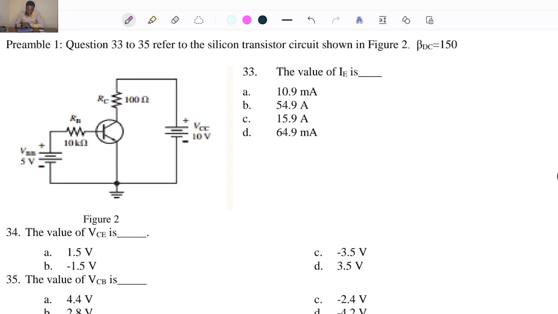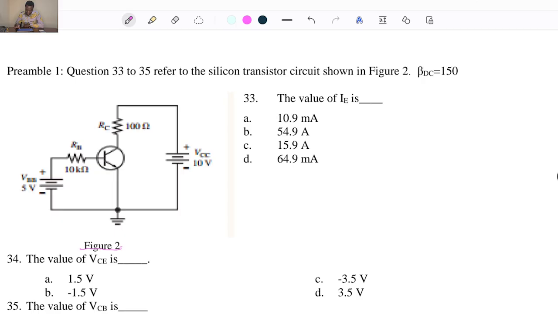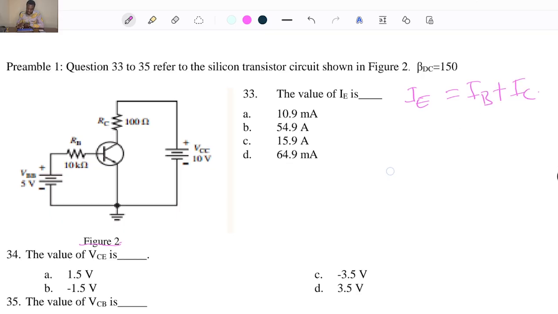So we have figure 2 here. Now the first question 33, the value of the emitter current IE is, so IE, we know IE is going to be equal to base current plus what? The collector current.